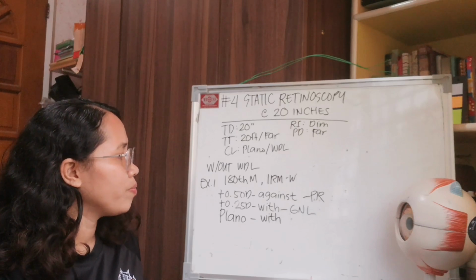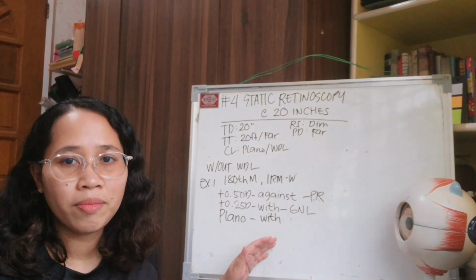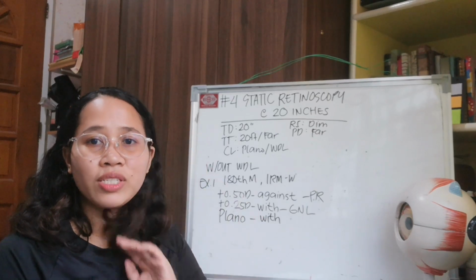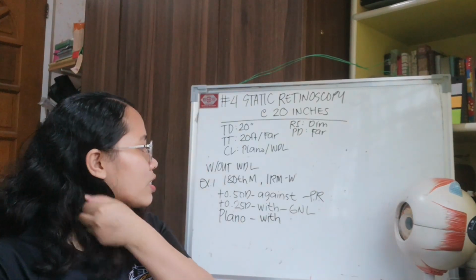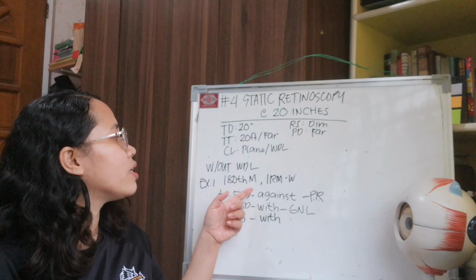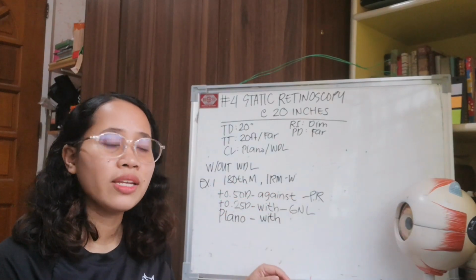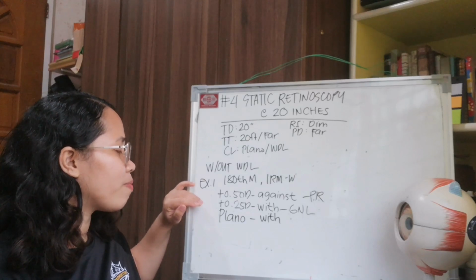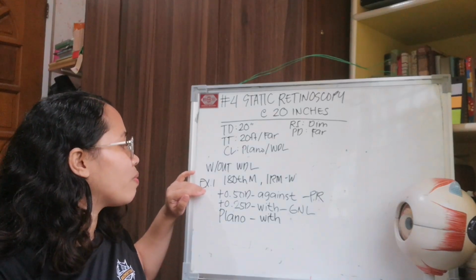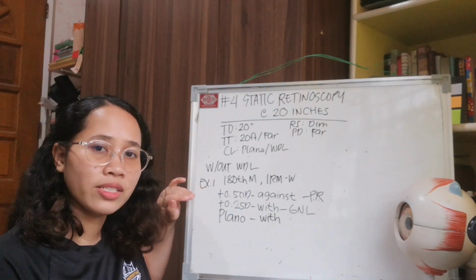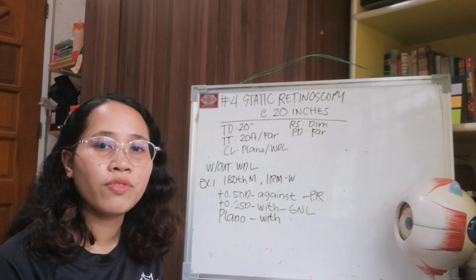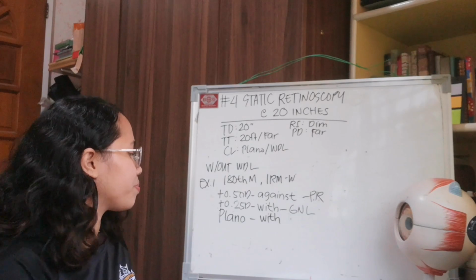So let's assume that we did the same on the 90th meridian, because this is a sphere. So let's assume that the 180th meridian and the 90th meridian have the same pattern. Plano with, plus 25 with, and plus 50 against. So we will now use the formula for without WDR.